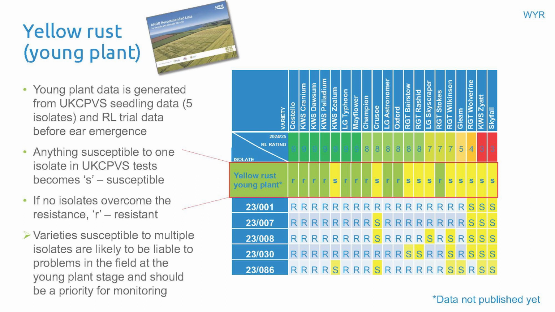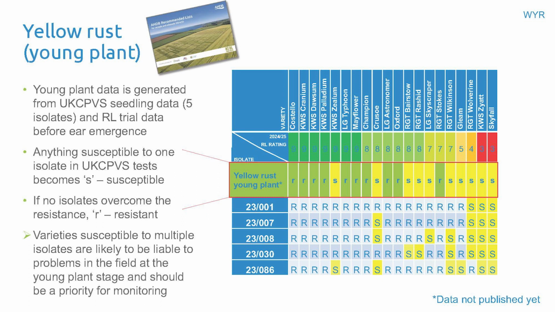But basically, anything that was susceptible to just one of these 5 isolates will show as an S on that young plant rating, and if no isolates overcome the resistance, it will show as an R.